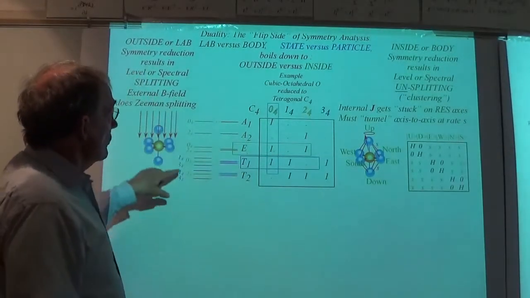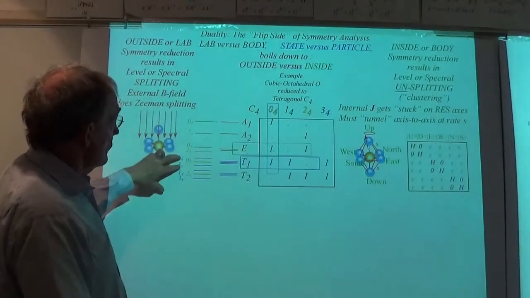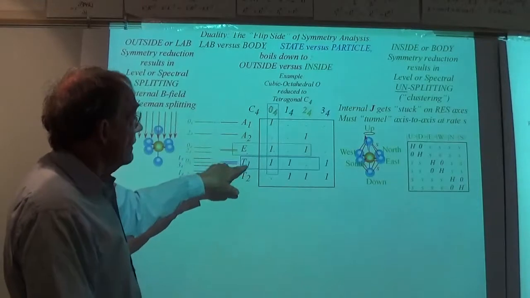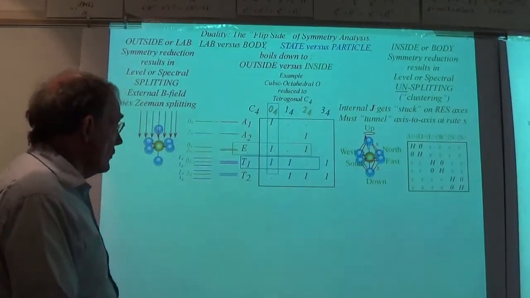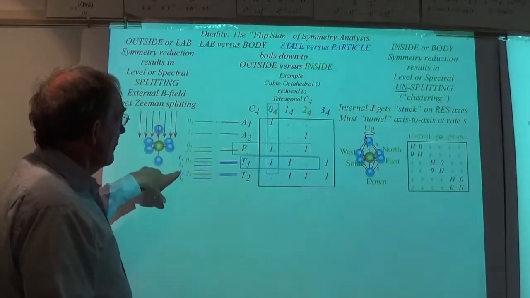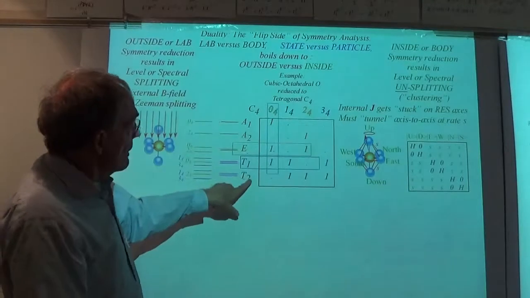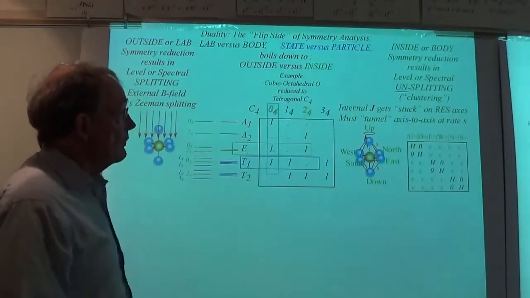And then T1 would split into the Zeeman pattern of 1 and minus 1 modulo 4 and then 0 mod 4. And then the T2 would also split in a quasi-Zeeman form here, but it looks the same except for the middle one, which is 2 modulo 4, because T2 belongs to angular momentum 2.